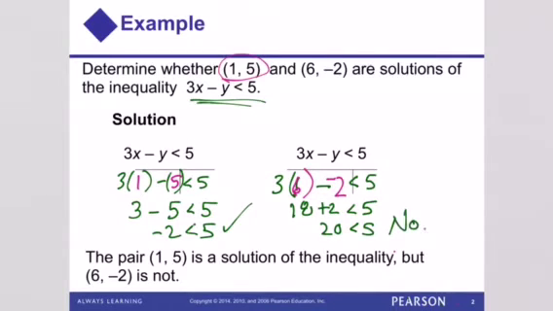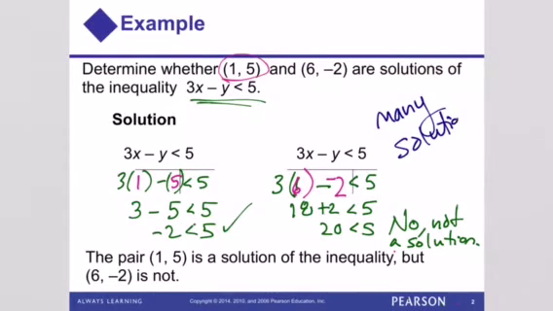No, this is not a solution, because it doesn't work. Now, here's the thing, with inequalities, you will have many solutions, not just one, but many, as you'll see.